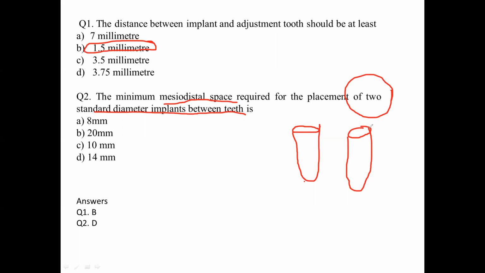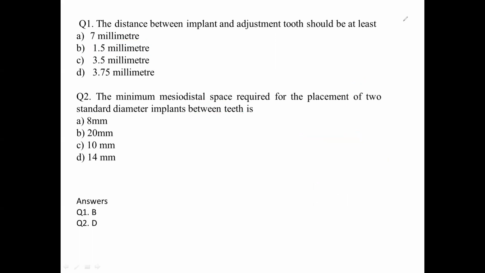That is the minimum mesiodistal width required. In which space can I give two standard size implants? What was the space requirement for the two standard size implants? Do you remember? We said we can give two implants of standard size when there are 14 millimeters of space present. The wider space is there. So the answer is 14 millimeters.